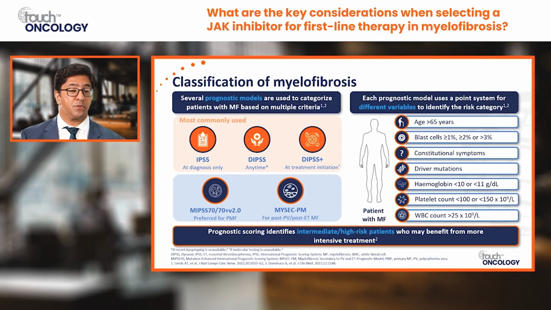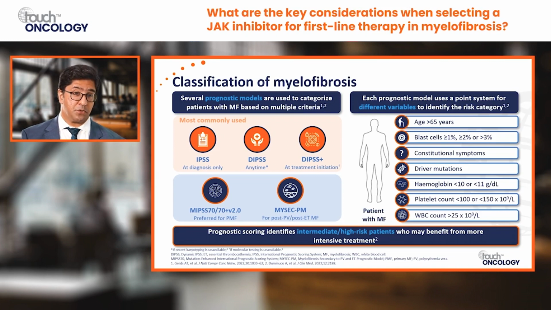In regards to the tools that use clinical characteristics, we have the International Prognostic Scoring System, or IPSS, which is meant to be used at diagnosis only. And then we have the DIPSS and the DIPSS Plus, both of which can be used at any time during treatment. The components in all of these scoring systems include an age greater than 65, the presence of blast cells in the circulation, and the amount of blast cells really varies in terms of their impact in the different scoring systems.